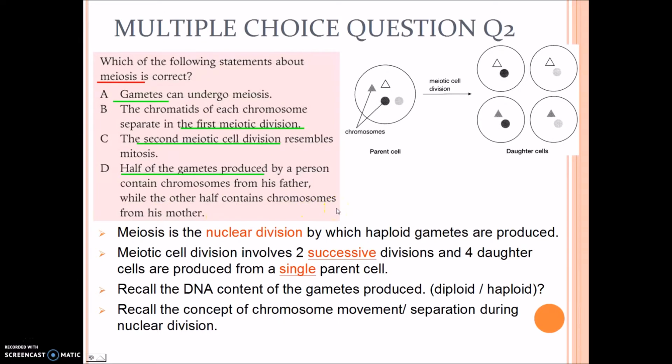So the point is, what is the DNA content of the chromosome in the gamete? It will give you some hints about from father or from mother. So that's question 2.